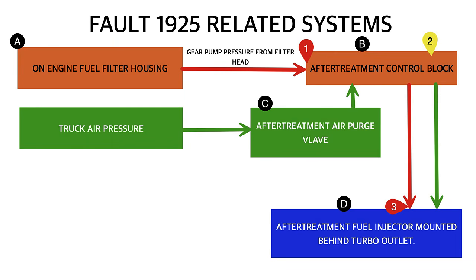So here we've got a flow chart of the items on the engine that are involved and related to the logging of fault code 1925. First thing you need to know, and remember this, top right, number 2, that is the fuel pressure sensor that is located in the after treatment fuel block.